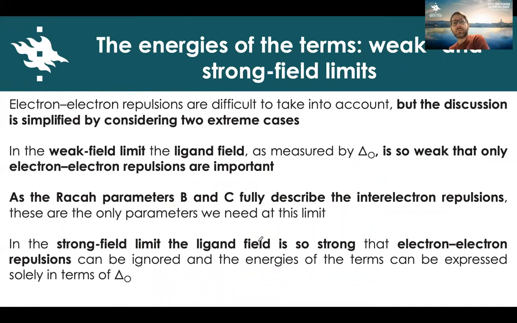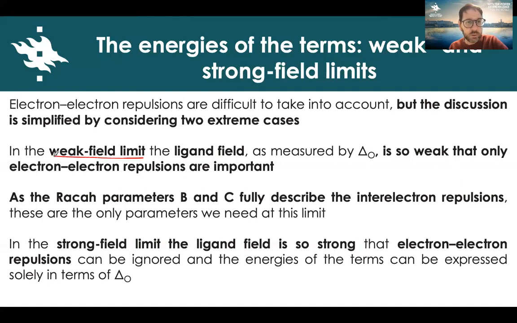So now we have to consider how to understand these electron-electron repulsions in the spectrum of coordination compounds. This is quite difficult to take into account, but we can simplify this discussion by considering two extreme cases.